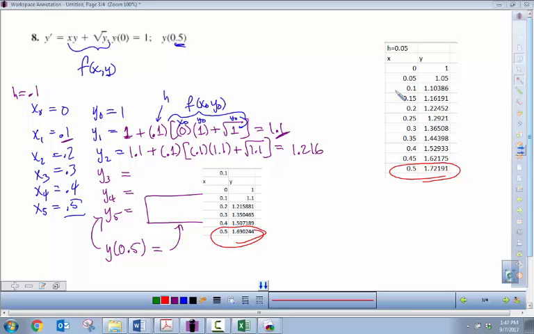Later on, I don't know if we'll have time, there's another method called Runge-Kutta that's going to be a little more robust, and you can get to your solution faster and more precisely, but it requires more numerical work. If we have time towards the end of the semester, we'll take a look at that.